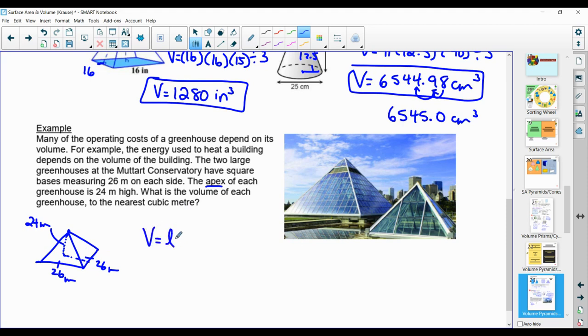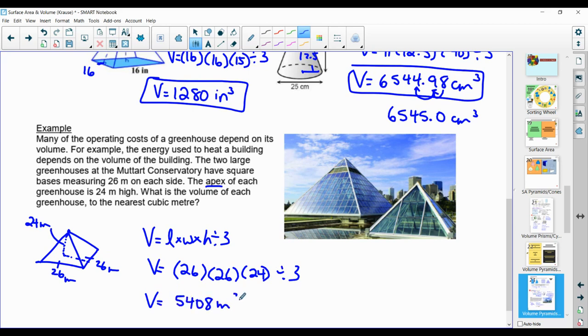Now, volume is going to be length times width times height divided by 3. So 26 times 26 times 24 divided by 3 gives us 5,408 meters cubed.